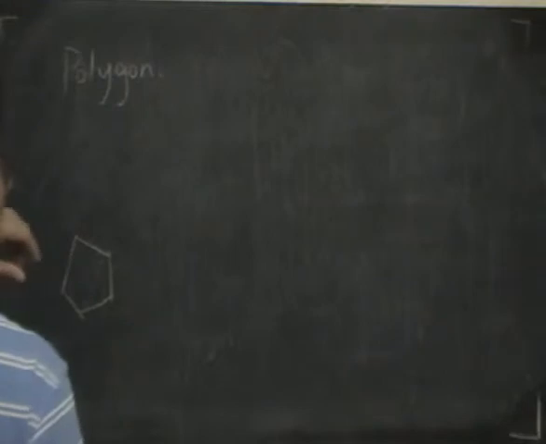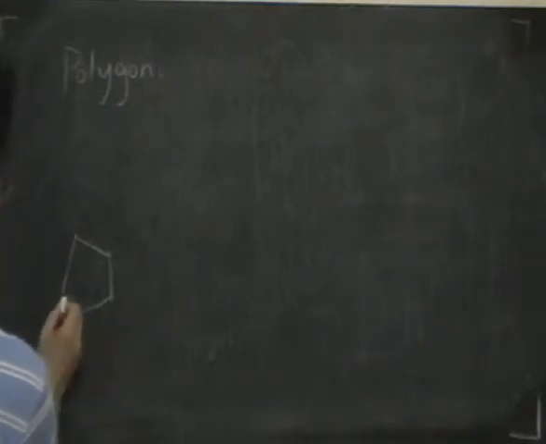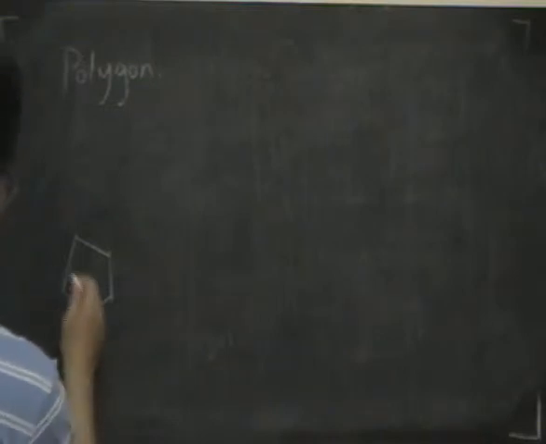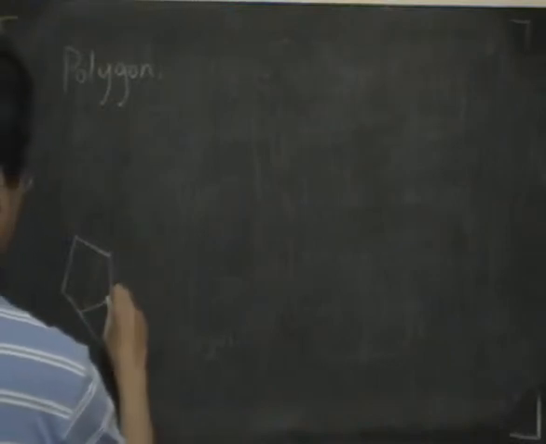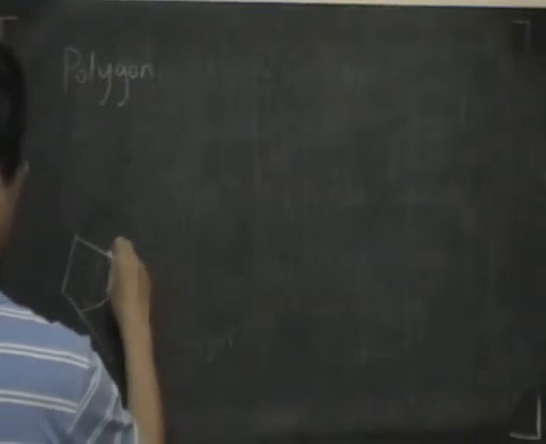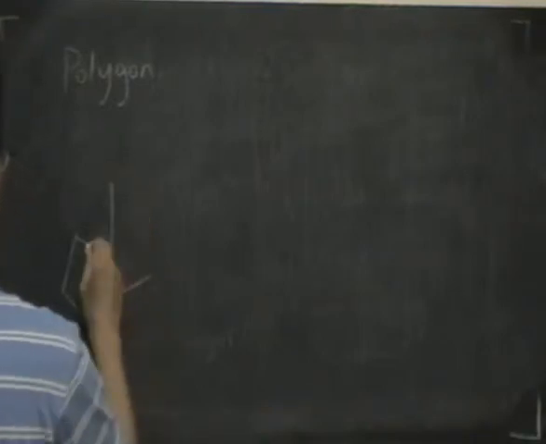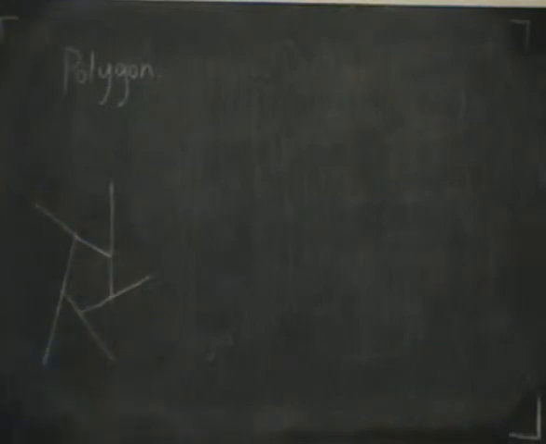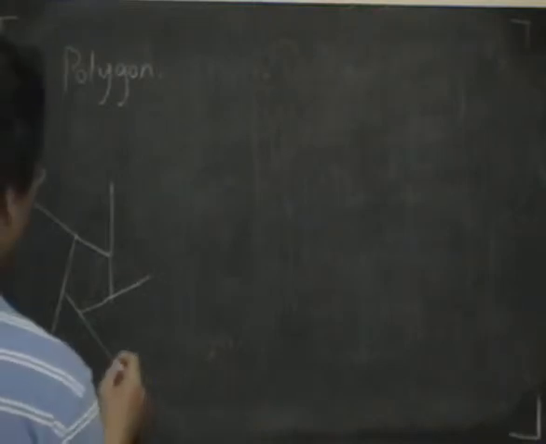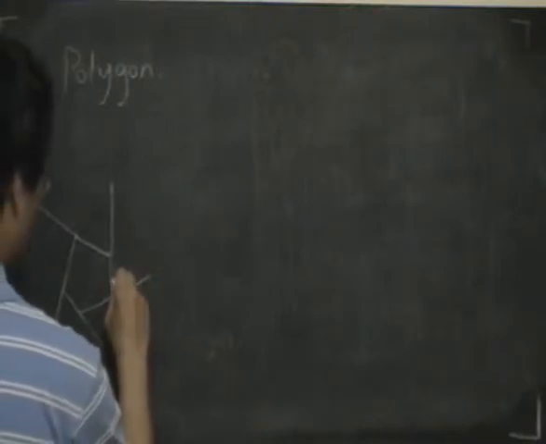Now what I'm going to do is extend the line for each of the sides. So for this side, I will make it longer. I will extend this. For that side, I will extend that. Extend that, and that. Now look at, for example, that angle.